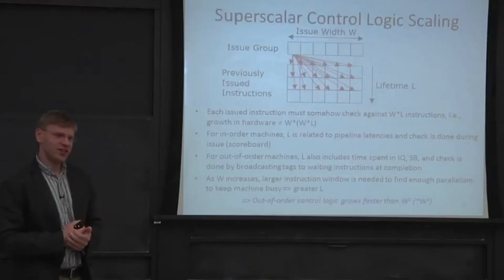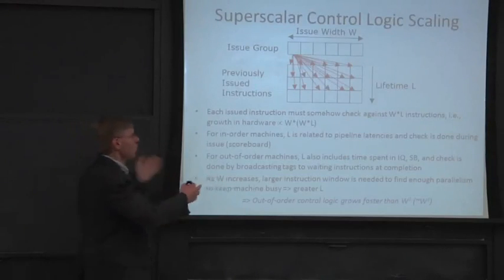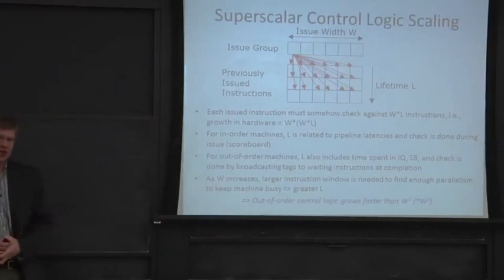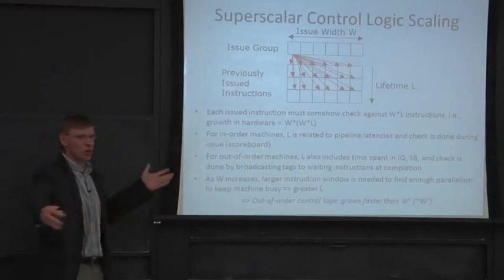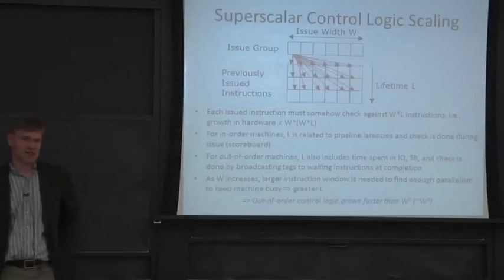So what I'm trying to get at here is this is a lot of hardware complexity. It's growing with the width of the machine, and some things make this even worse. As you increase the width of your machine, let's say from a 3-wide machine to a 4 or 5-wide machine, you typically need a larger instruction queue or instruction window to look across in order to find enough parallelism to keep the machine busy.